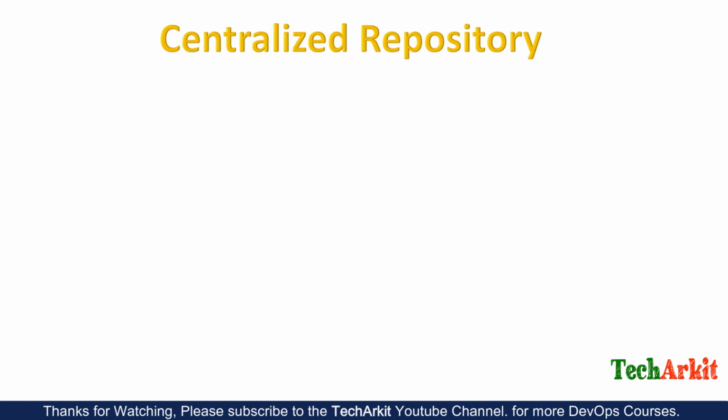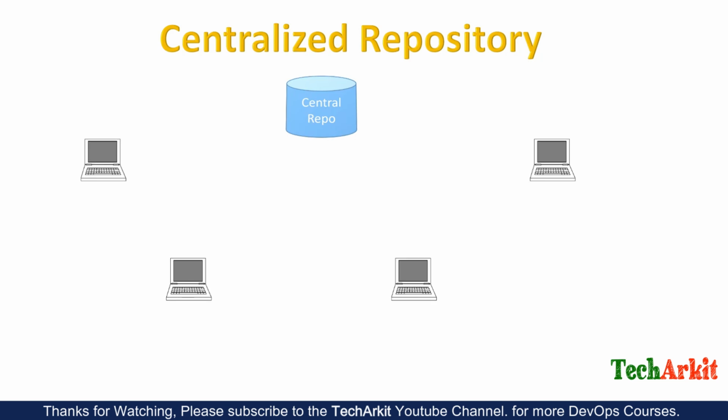Centralized repository means you have a single central repository, where you commit all the code from your systems, laptops, and desktops. For example, if you have four or five developers working on the central repository, you can commit the data to the central repository.